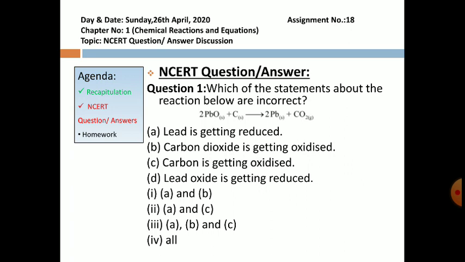So, the incorrect statements are A and B. Lead is not getting reduced; lead oxide is getting reduced to lead. Carbon dioxide is getting oxidized is also false. Carbon dioxide is not receiving oxygen; carbon is receiving oxygen, so carbon is getting oxidized. Got my point?